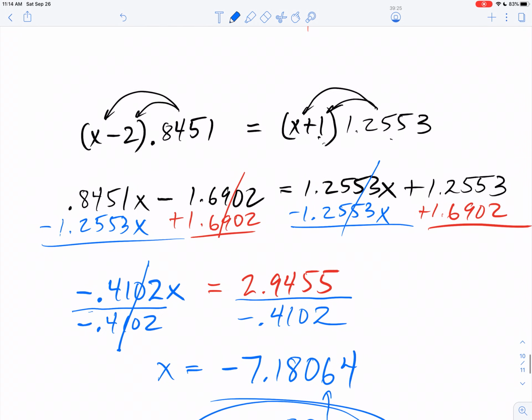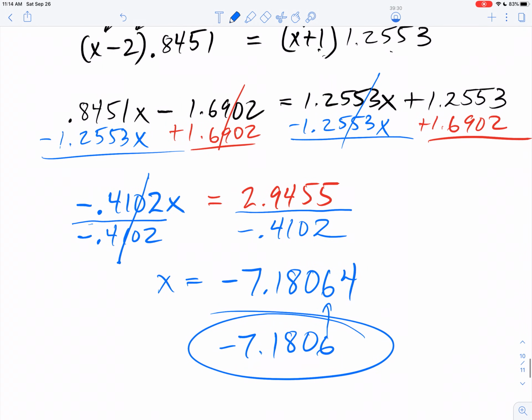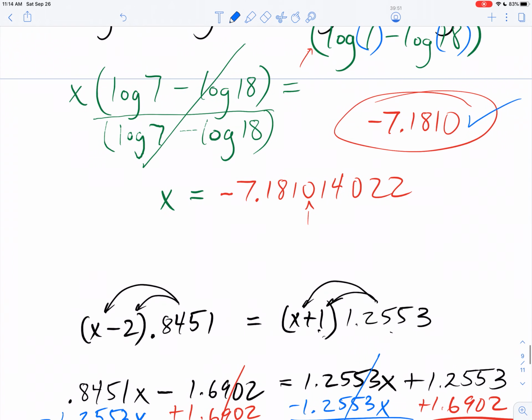We usually work to the fourth decimal place, because that is usually when we start seeing variation in our numbers. See, if I was to round this one to there, I would get negative 7.181, which is what I got up here. You see what I mean?